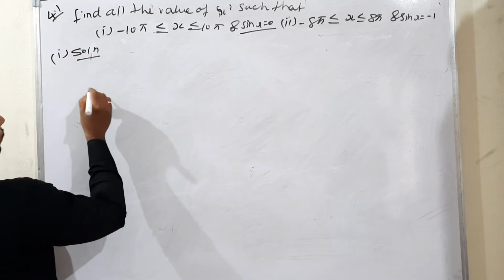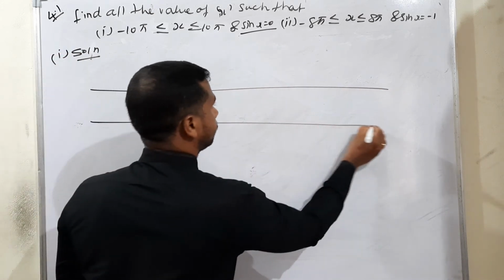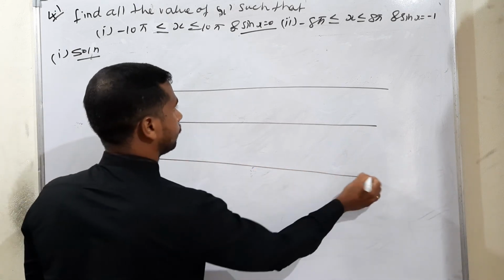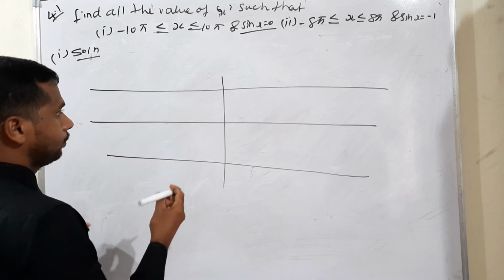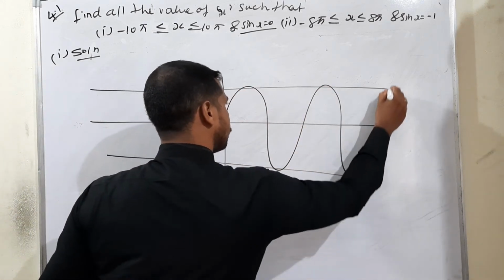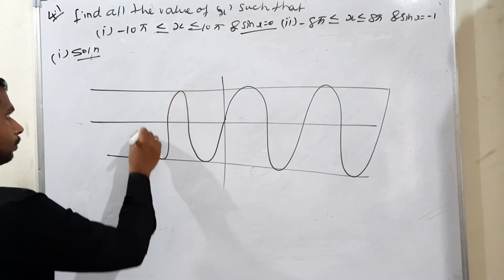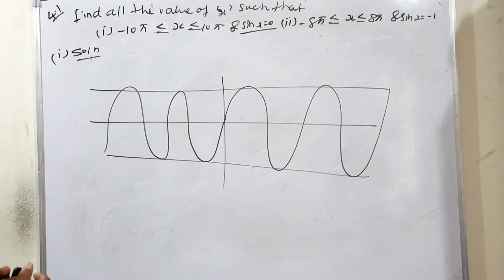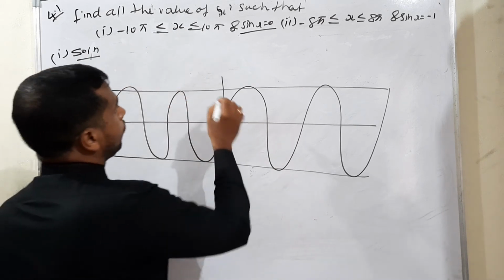If you draw the sine graph, what will happen? So this is the sin x graph, actually minus 10 pi to positive 10 pi, isn't it?